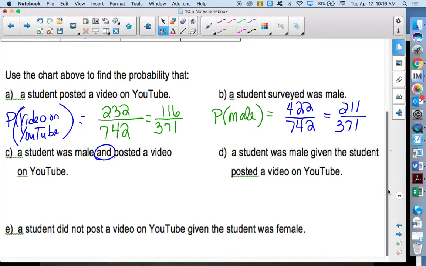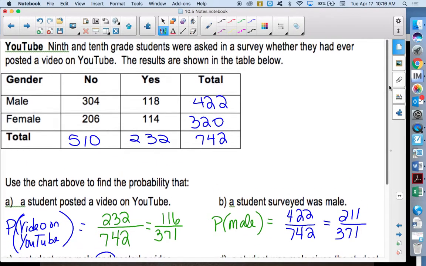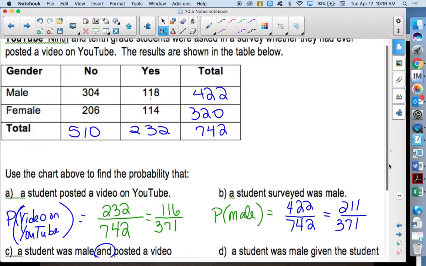So we're looking for the probability of being a male student and posting a video on YouTube. Would it just be 118? So 118, because 118 students said yes, they posted a video on YouTube and they are males. So that's the and part where it's meeting both conditions.